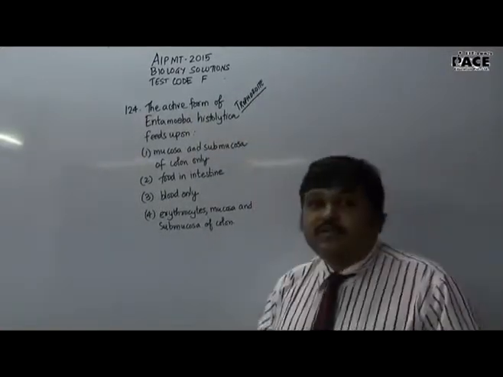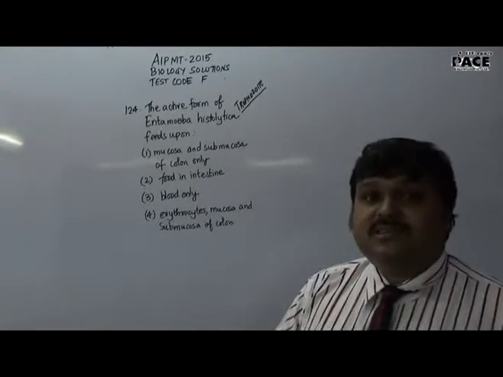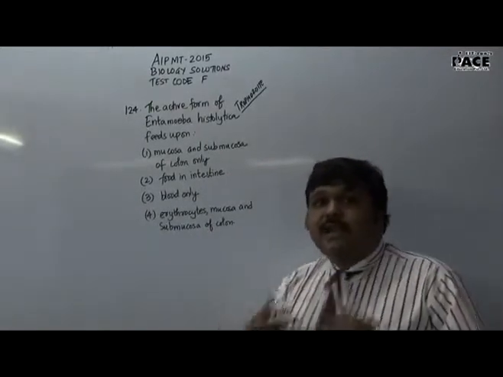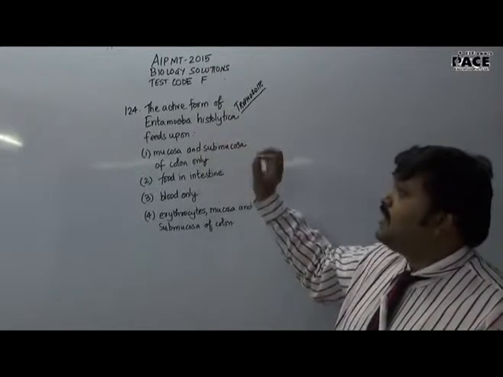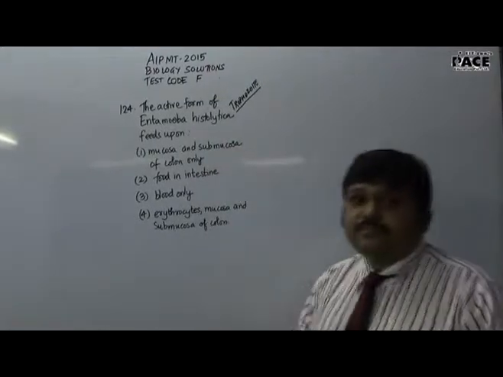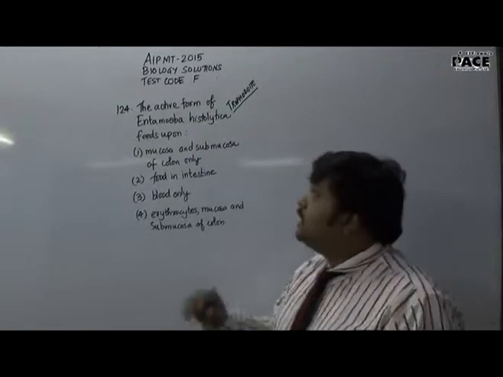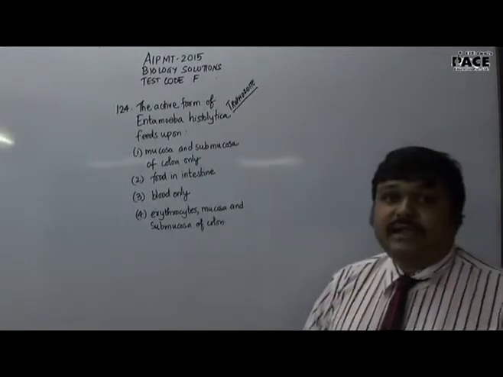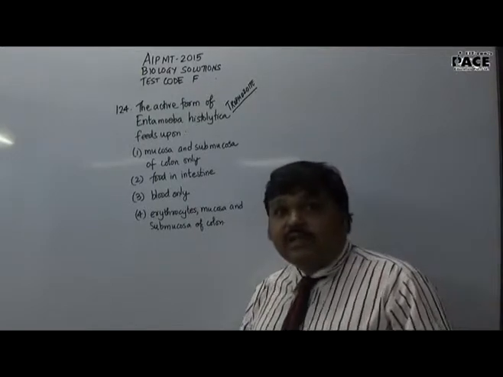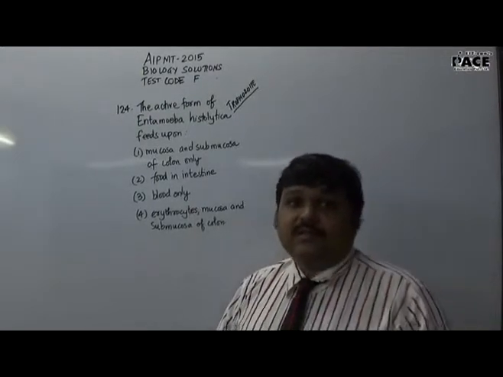Entamoeba histolytica, which causes amoebiasis, loves the large intestine. So automatically our answer comes to mucosa and submucosa of the colon. But it has been found in many instances that Entamoeba histolytica trophozoites can actually eat up RBCs.